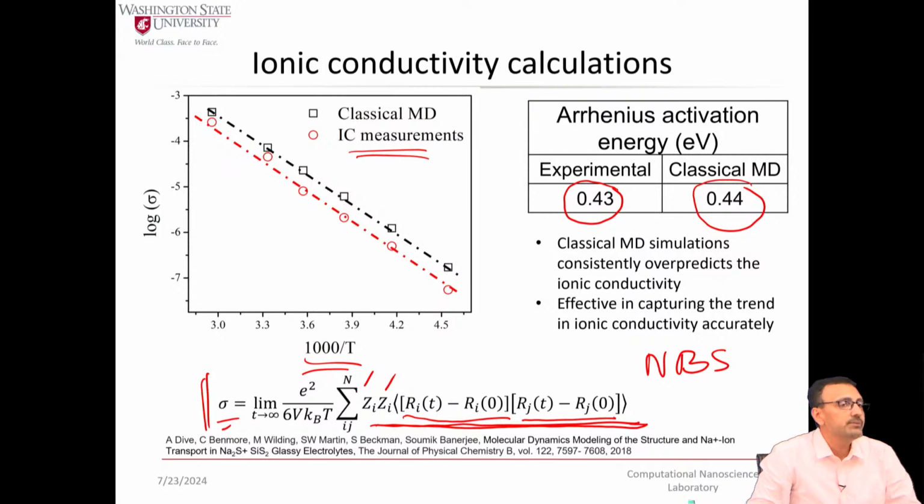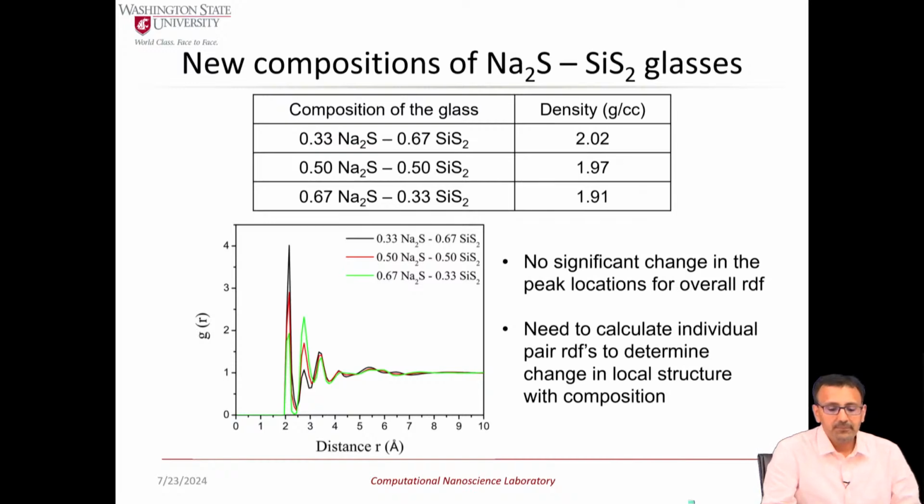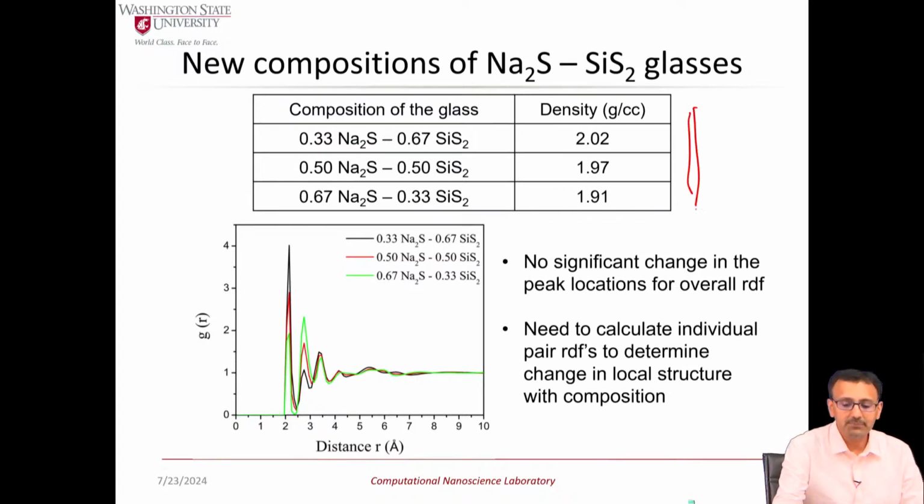These non-bridging sulfur sites lend themselves pretty well to sodium ion hops, and therefore our calculated ionic conductivity is greater than the measured one, because we did not quite capture the edge shared structure as well.